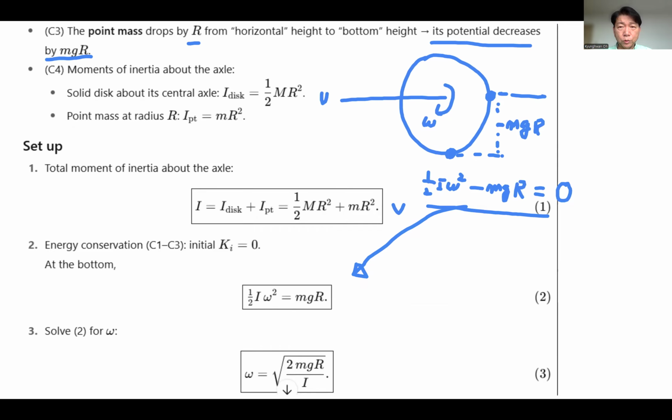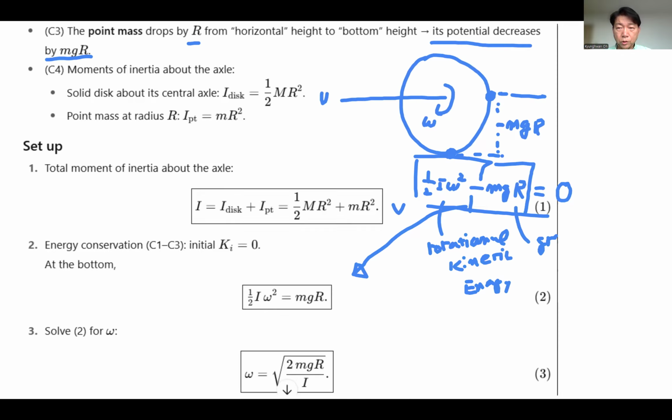But what we are going to solve here is this one: rotational kinetic energy plus gravitational potential energy.